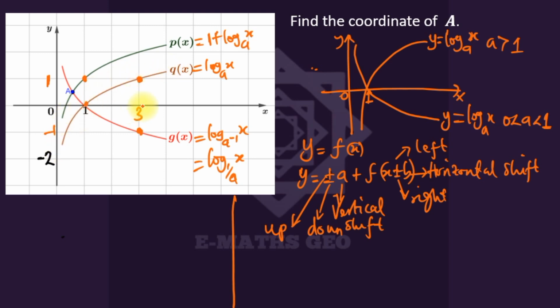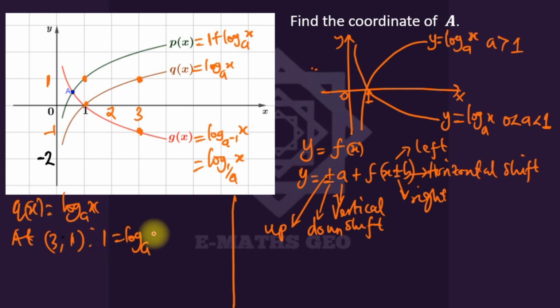This is 3, 1. As Q of X equals log base A of X, at 3, 1, you see that y, that's Q of X, is 1, and x is 3. So you see that A is now 3. So our base is 3.